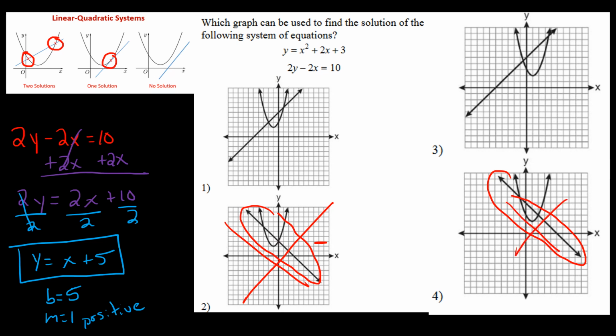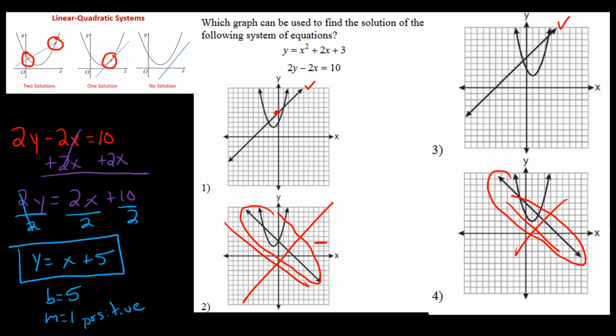For 1 and 3, we see positive slopes, and then y-intercepts at 1, 2, 3, 4, 5. This line is good. 1, 2, 3, 4, 5. This line is also good. So what it comes down to is this quadratic, y equals x squared plus 2x plus 3.